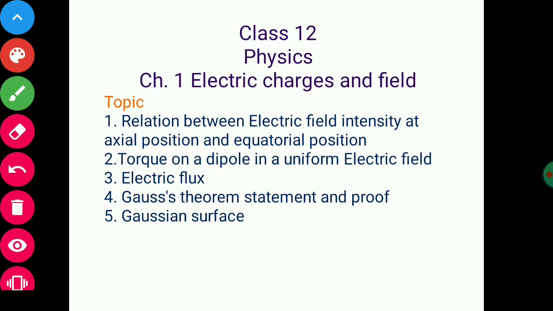Today we discussed chapter 1, electric charges and fields, in which we covered a few topics: the relation between electric field intensity at axial position and equatorial position, torque on a dipole in a uniform electric field, electric flux, Gauss's theorem, statement and proof, and Gaussian surface.